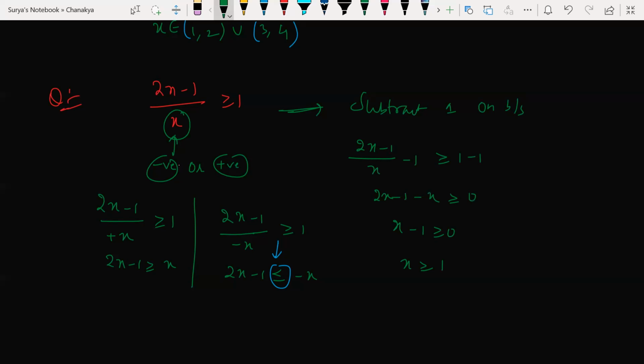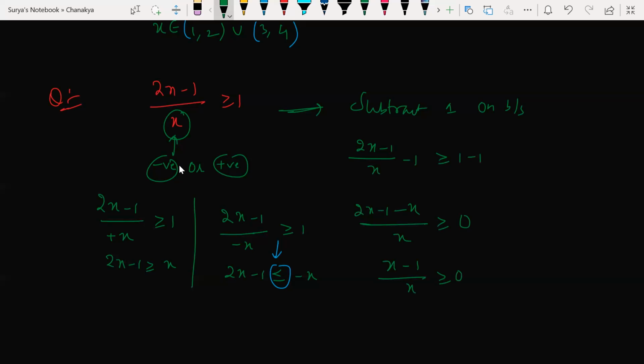Understood my point? Still, we made some calculation mistake. 2x minus 1 minus x by x greater than or equal to 0. Correct. x minus 1 by x greater than or equal to 0. Correct.